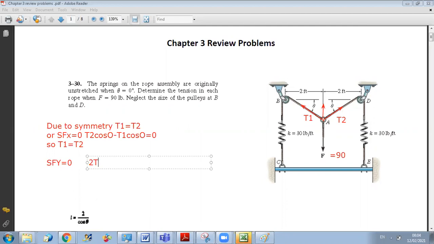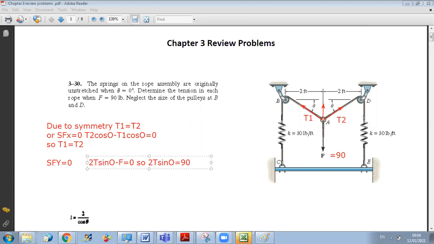So it's 2T sine theta minus F equals to 0. So the first equation relating T and theta is 2T sine theta equals to 90.